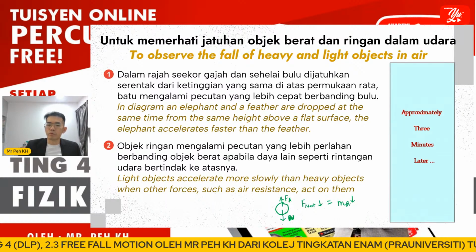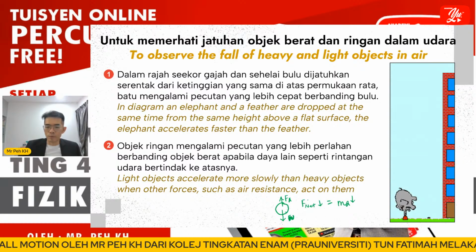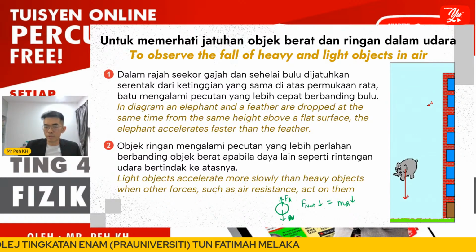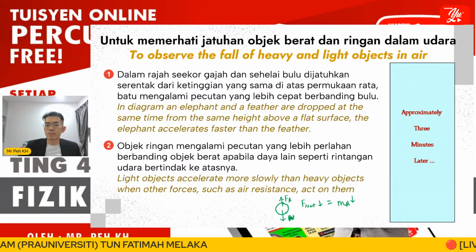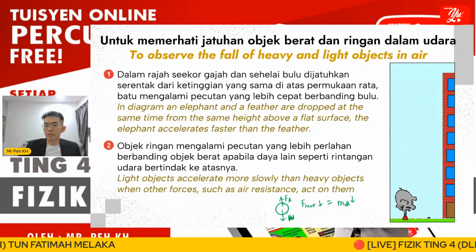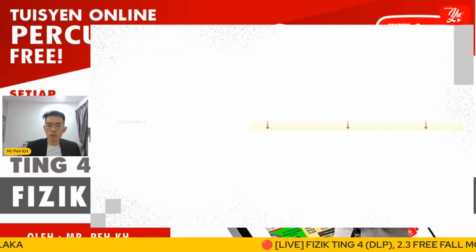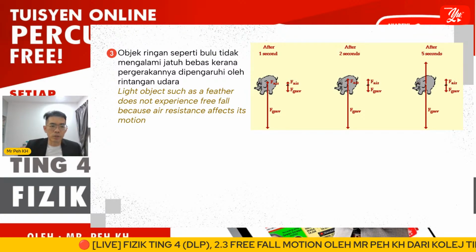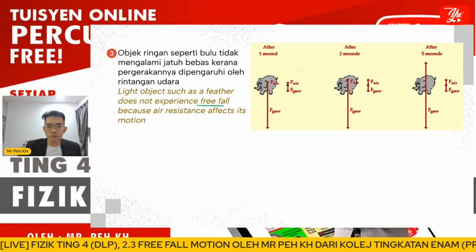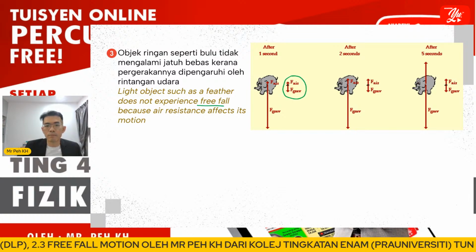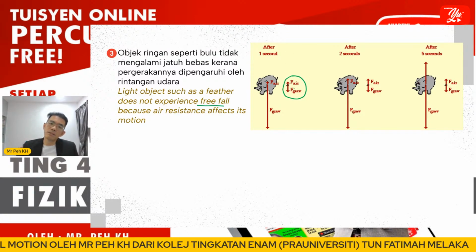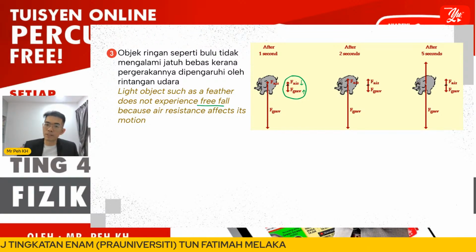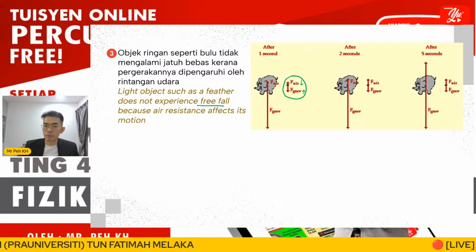The object with smaller weight will have a smaller overall net force because the air resistance has a significant impact on the object. Therefore, a light object such as a feather does not experience free fall. You can see that at the first second, the feather's downward force is actually greater than the air resistance, so the feather still accelerates with higher speed.